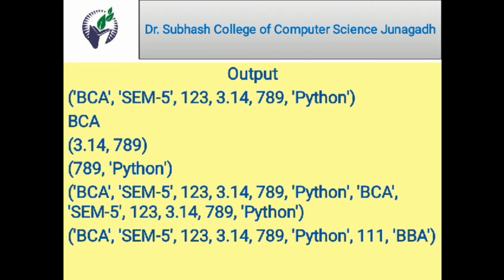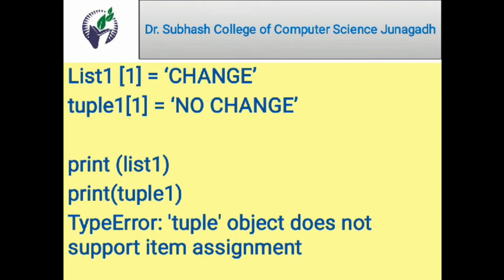If you want to check, here is the sample code. For example, if we use the list variable list 1 and change an element using the single-quoted string, it changes, but if I want to change tuple 1 using the string no change, it does not. Once I print list 1, it works perfectly. Index begins from 0, so 1 is the second index, and it changes the second element of the list.